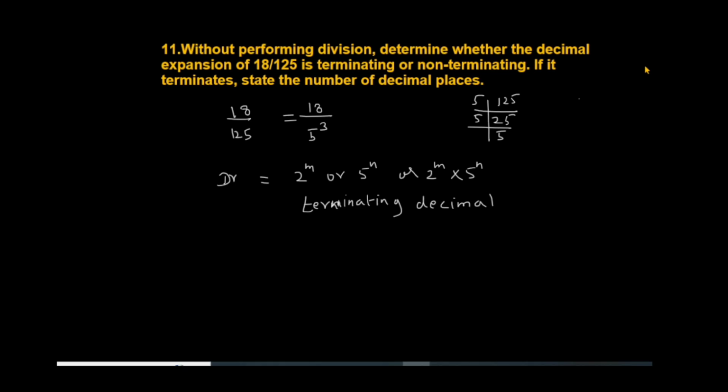So our question 18 by 125's denominator is in the form of 5 power 3. So this is nothing but a terminating decimal number.